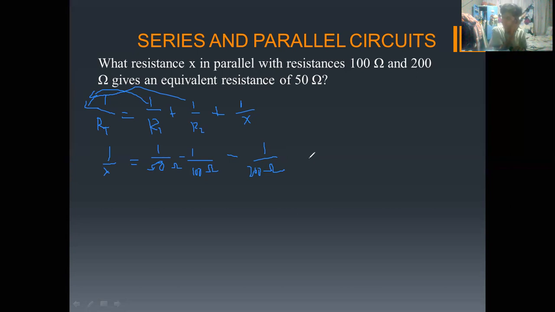Kuhanin lang natin yung least common denominator, LCD, 200. Tapos, i-divide natin sa 50. 200 divided by 50 is 4, times 1, 4. Tapos 200 divided by 100 is 2, minus 2. 200 divided by 200 is 1, minus 1 lang. So, ang makukuha natin sagot dito is 1 over X is equal to 1 over 200.